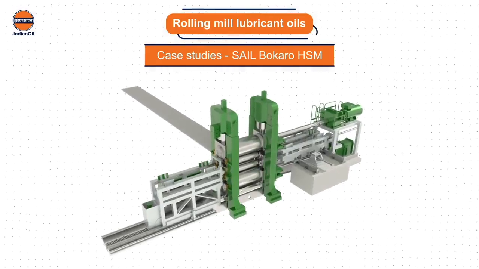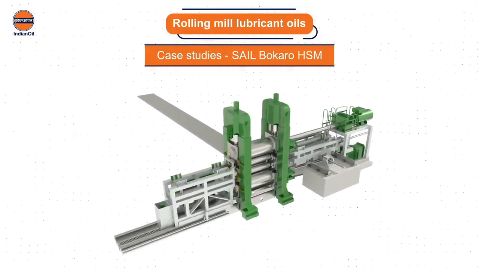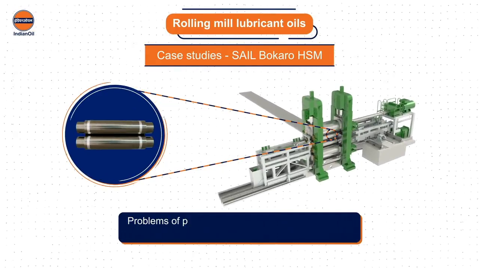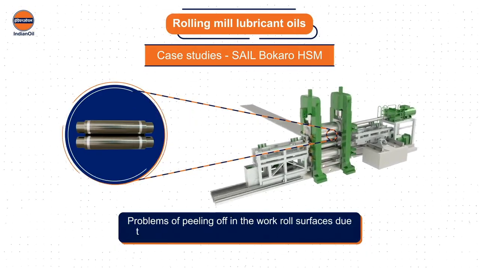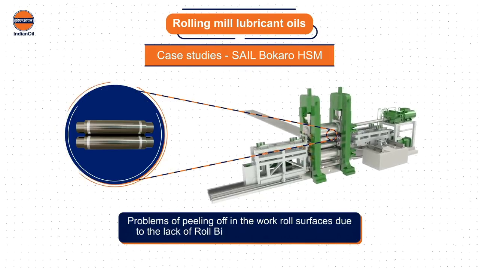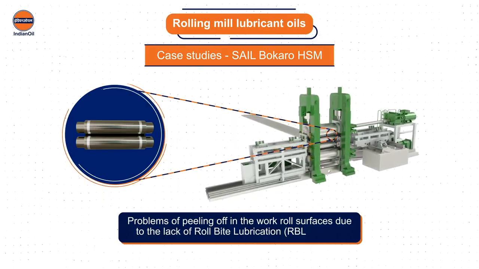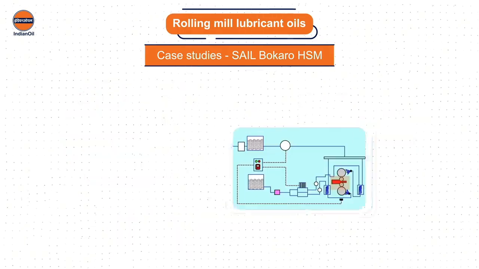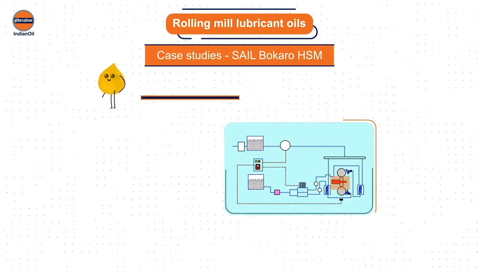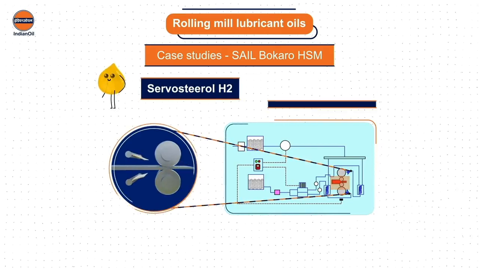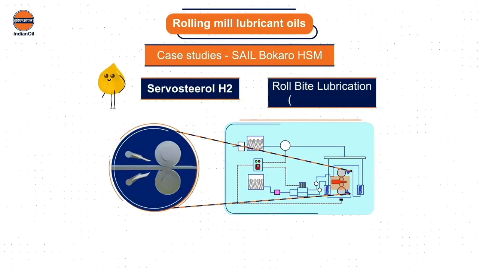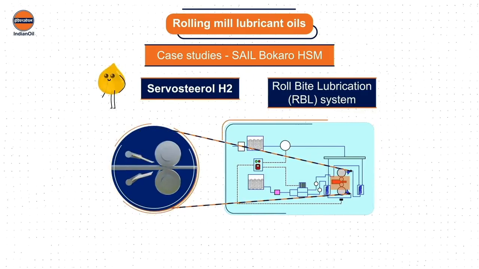The rolling mill at Bokaro also experienced problems of peeling off in the work roll surfaces due to the lack of a roll bite lubrication, RBL, system. To overcome this challenge, Servosterol H2 was used in the roll bite lubrication, RBL, system.